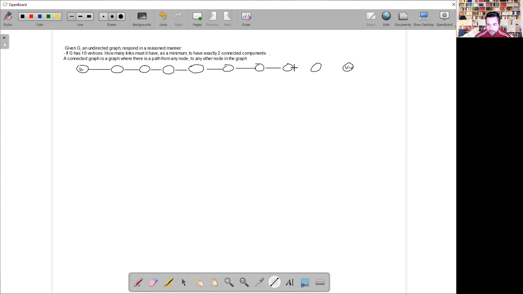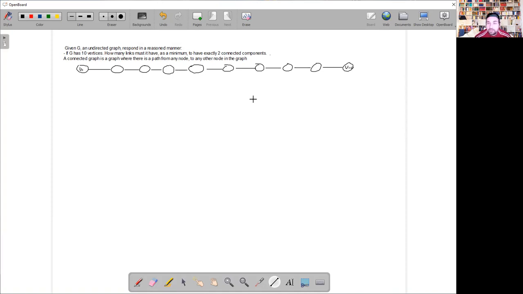With an undirected graph like this, I could access all the nodes in the graph. So I would need 9 links in this case.